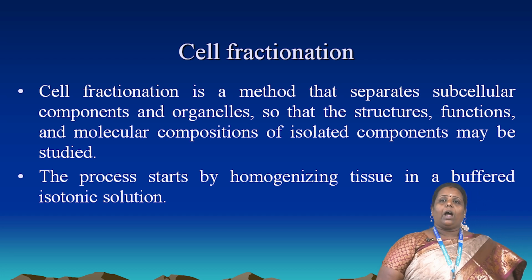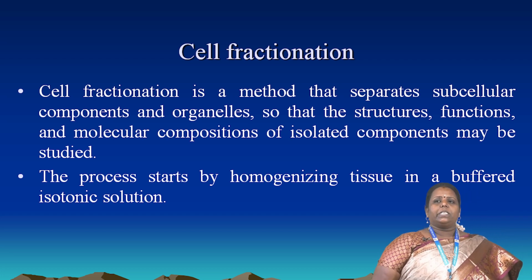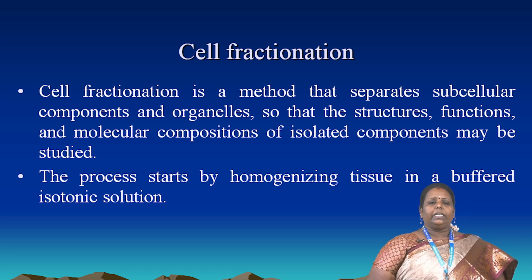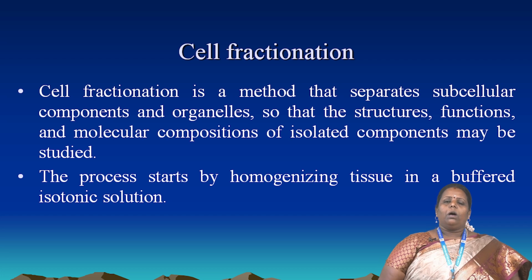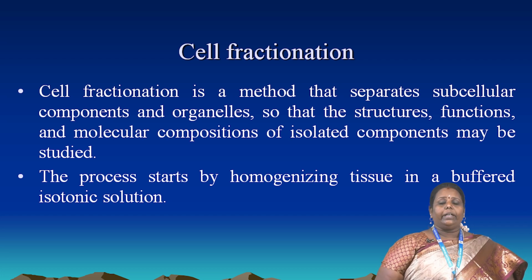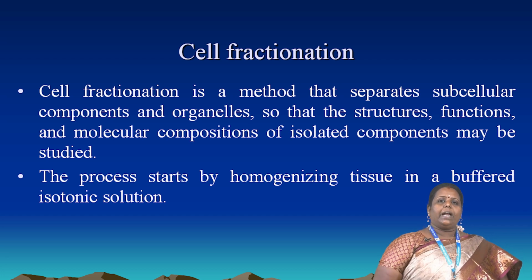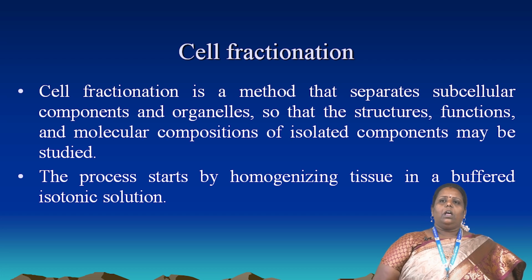In this method, we separate the subcellular components and organelles from the tissues, and at the same time we learn about the structure, function and molecular composition, so the isolated components may be studied in cell fragmentation.